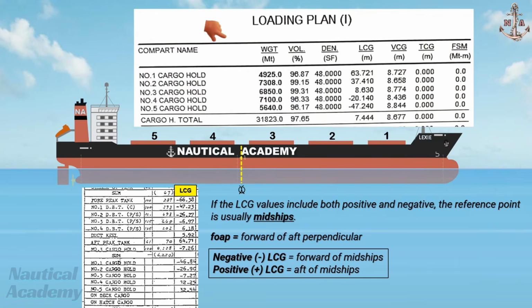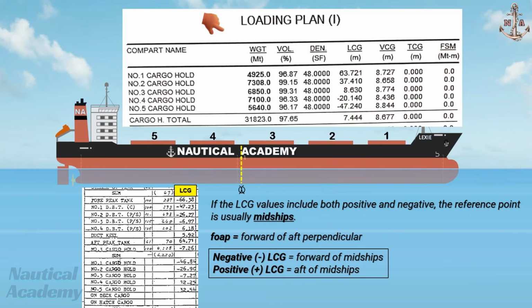Let's now take a look at another loading plan, extracted from the stability booklet of a different ship. We can find the LCG values listed in this column. This ship also has 5 cargo holds, but this time, the LCGs of cargo holds 1, 2, and 3 are positive, while the LCGs of cargo holds 4 and 5 are negative.